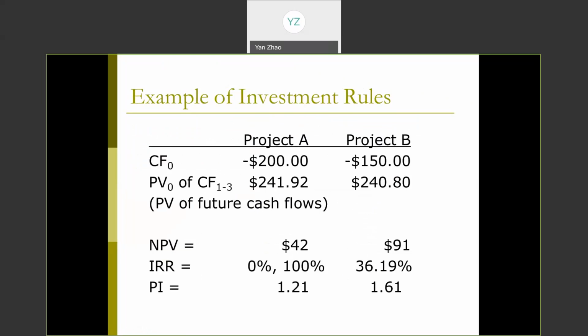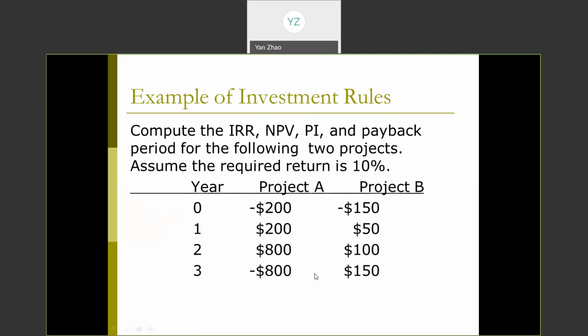All right. So we calculate the net present value: $42 for project A, $91 for project B. Well, for the internal rates of return, we're going to have 2 numbers. One is 0, another one is 100%, because cash flows are not conventional. Conventional cash flows mean a negative number for initial investment and all positive numbers in future cash flows.